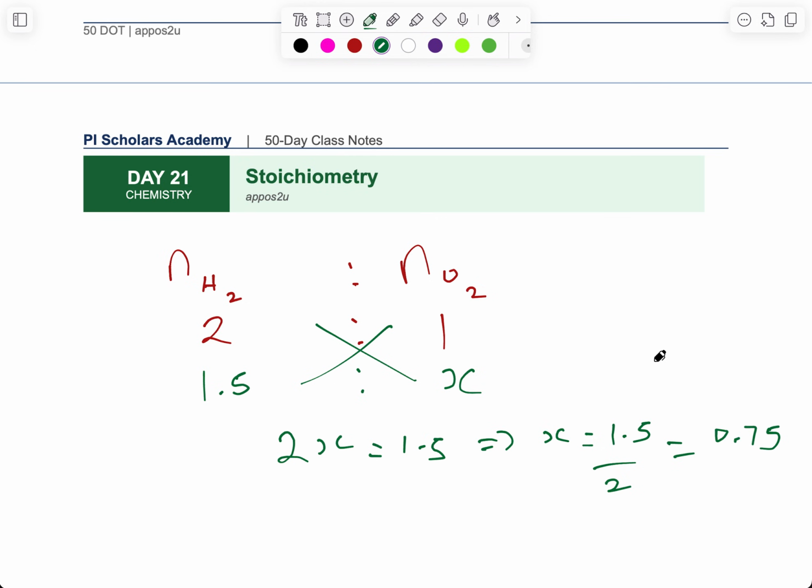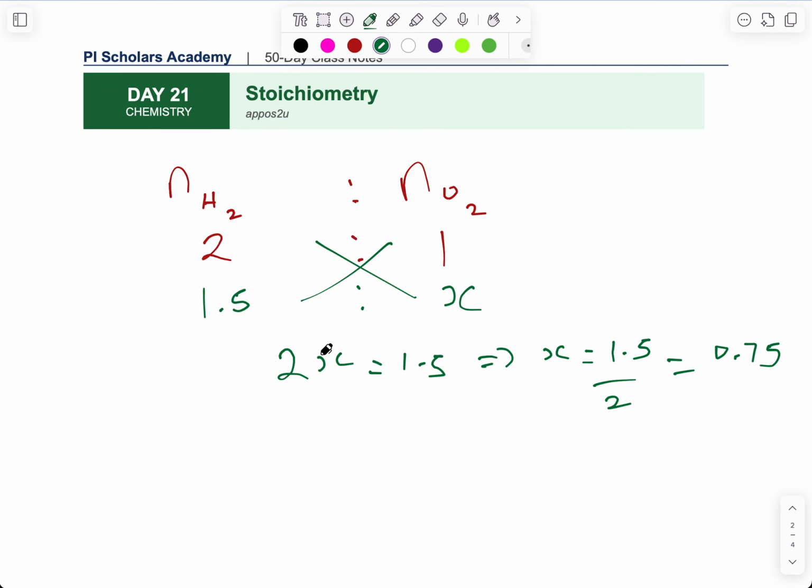0.75. Now, do you know what this implies? This implies that for the given number of moles of hydrogen gas, the exact number of moles of oxygen gas that I need is 0.75 mole. But I need to check how much oxygen I had in the first place, compared with this 0.75 mole that I actually need.